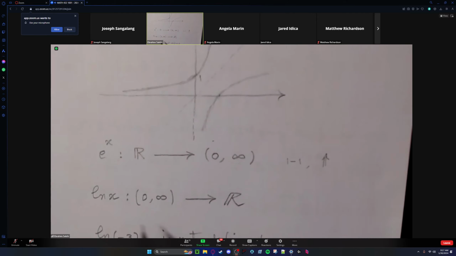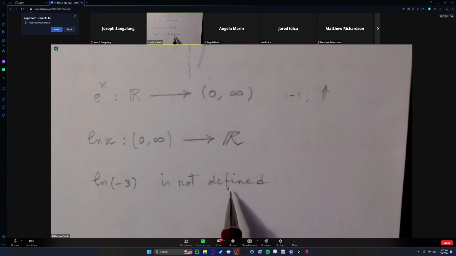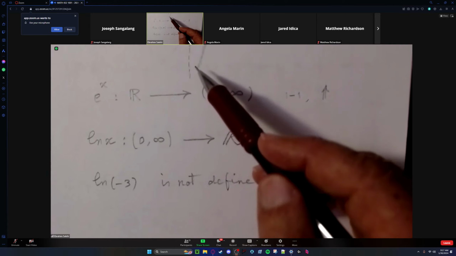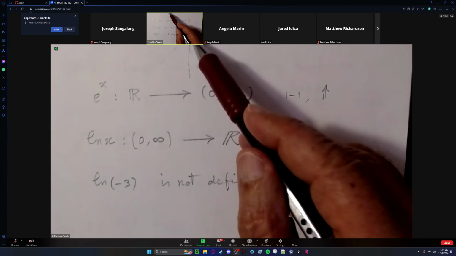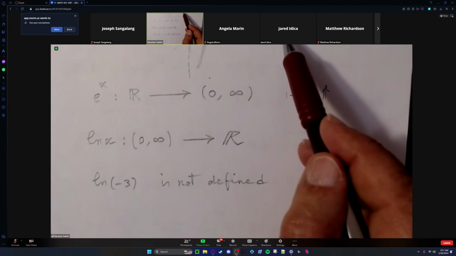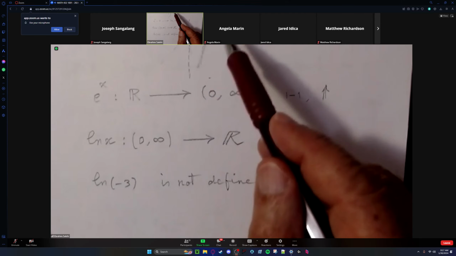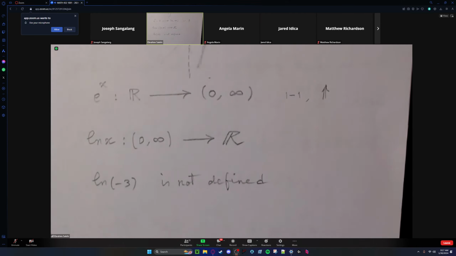Such a thing doesn't make sense because the domain of this log is here. The input has got to be here, and the output covers the real number system.